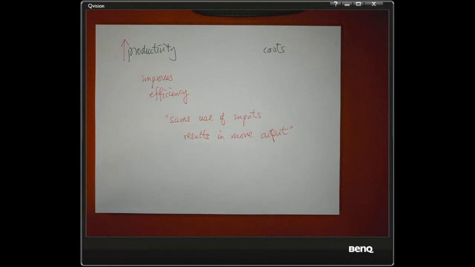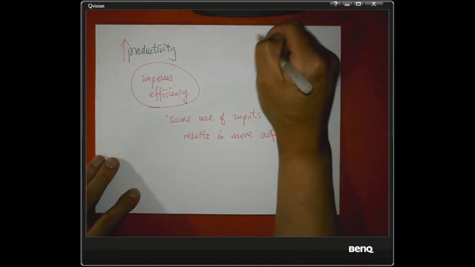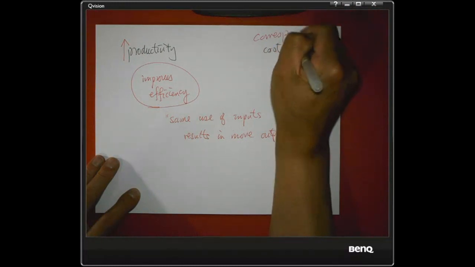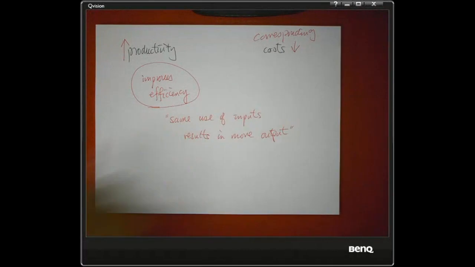If the productivity of an input increases, that means improved efficiency, because using the same inputs, now you can produce more outputs. And therefore, when efficiency improves, the corresponding cost will fall. This is the general intuition.